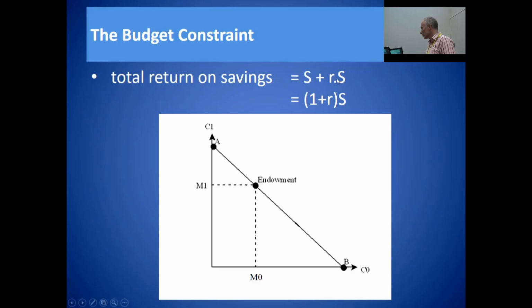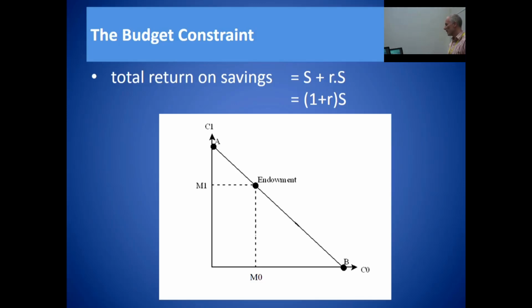And that is determined by our rate of interest times the S pounds. So you get S plus the return on S. It simplifies to merely 1 plus R times S. That's the total return upon savings. If you save S pounds, in the future you get 1 plus R times S pounds.